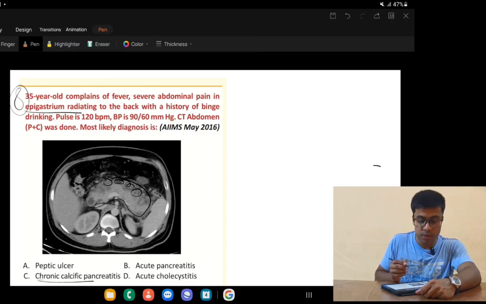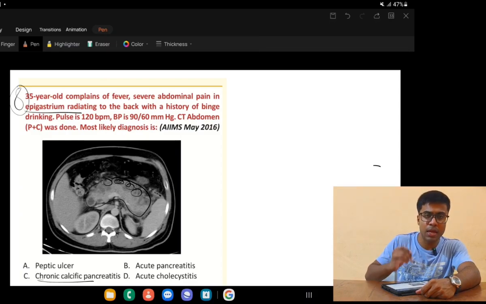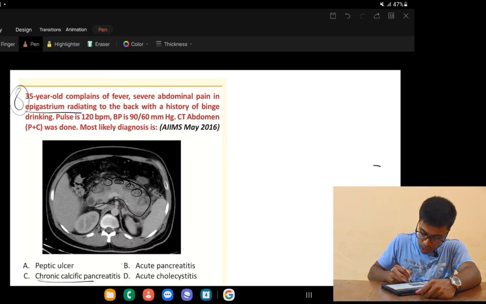In chronic, there will be calcification, and the picture will look different in contrast, and a calcified mass will be seen as a little bit bright. In acute pancreatitis, it's not that bright, but a lobular, a little puffy or bulky structure is seen. So I will mark it as acute pancreatitis.